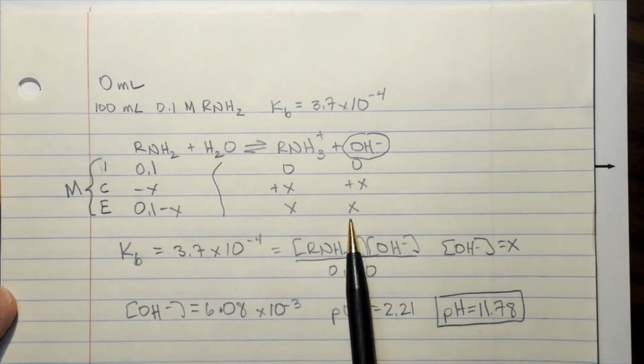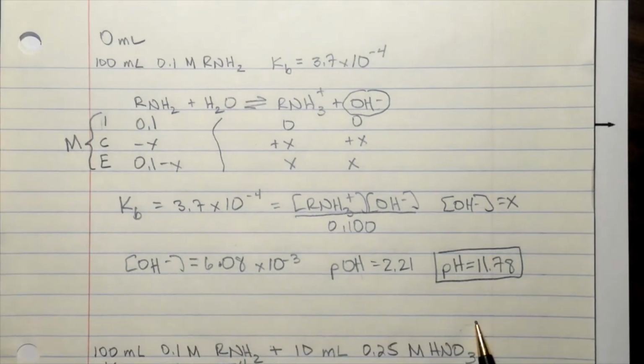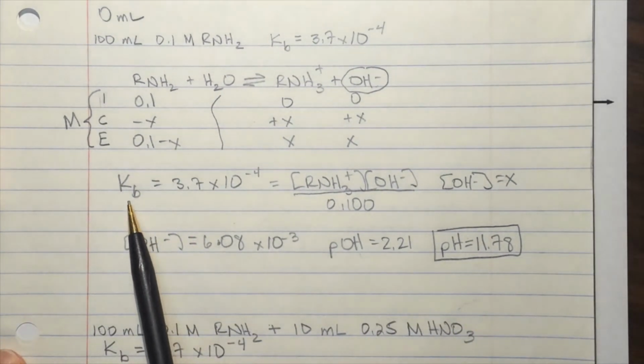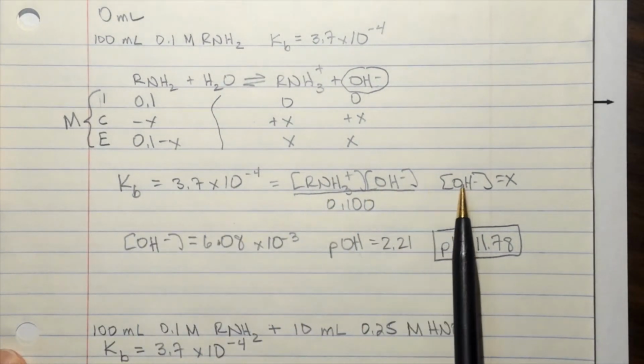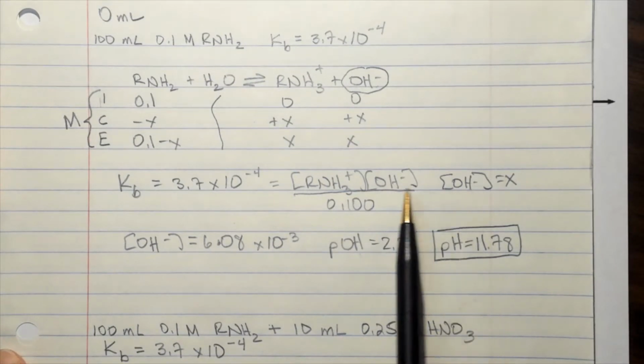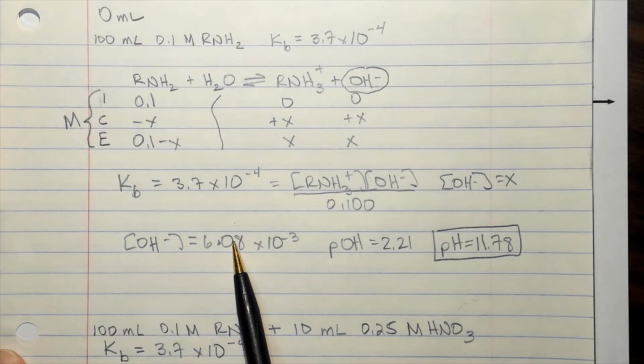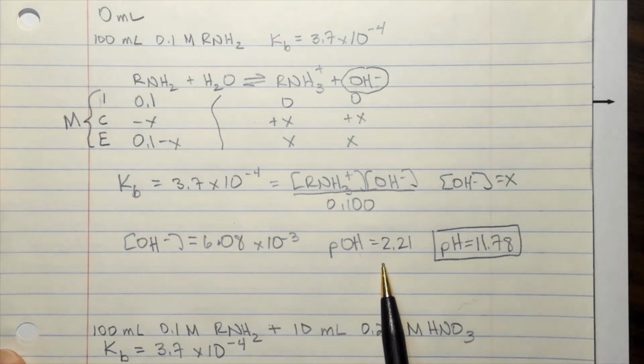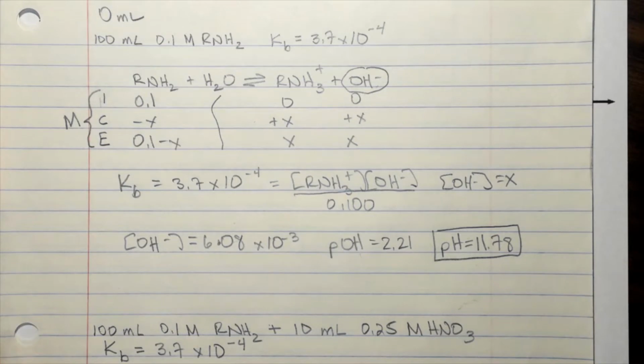So X is going to be the hydroxide ion concentration. We put in our Kb value, and we calculate that X, the hydroxide ion concentration, is 6.08 times 10 to the negative third, which means that our pOH is 2.21 and our pH is 11.78.